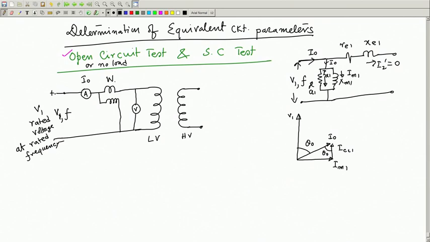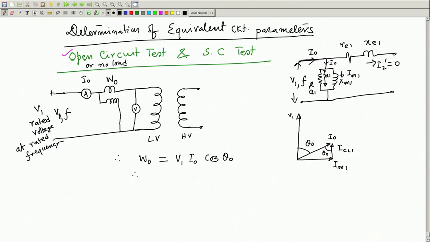And suppose the wattmeter reads W naught. Then this wattmeter reading must be equal to the voltage applied across its pressure coil, that is V1, times the current flowing through its current coil, that is I naught. Let us assume the wattmeter to be ideal, meaning its losses are neglected. So W naught equals V1 I naught cosine theta naught.